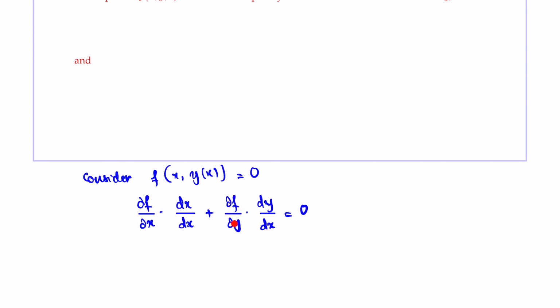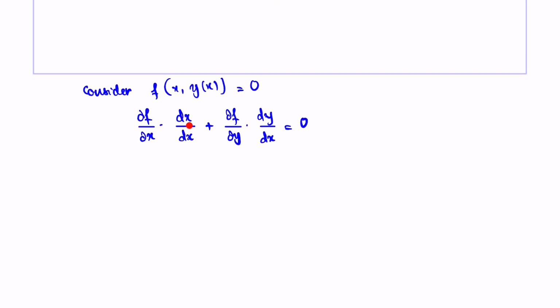And you do the same for the second part here, partial f partial y times dy/dx, again the independent variable in this case is x only. So the derivative of x with respect to x is equal to 1, therefore you have partial f partial x plus partial f partial y times dy/dx, and that is equal to 0.